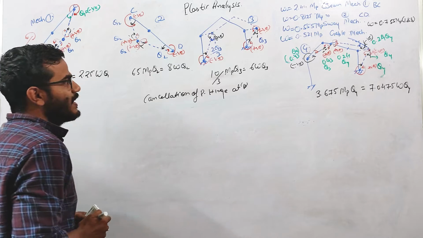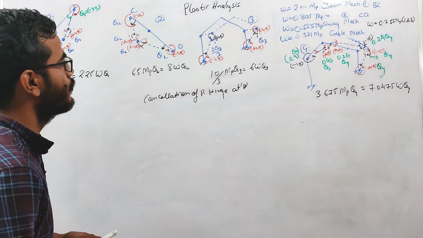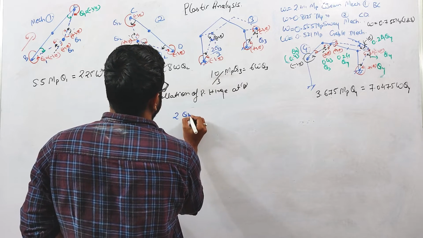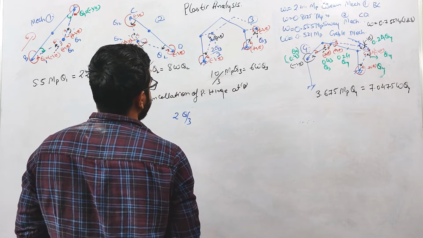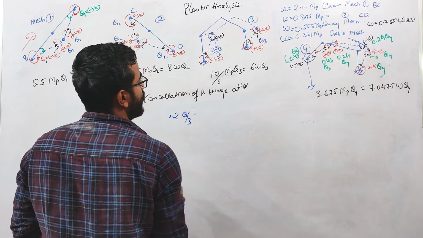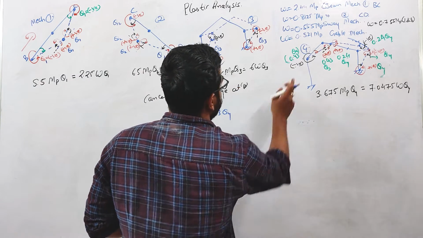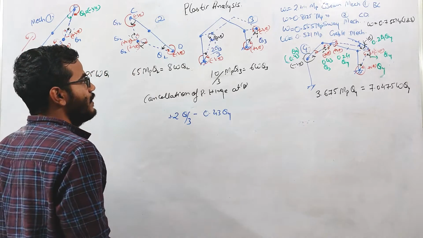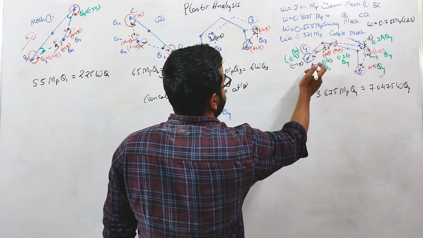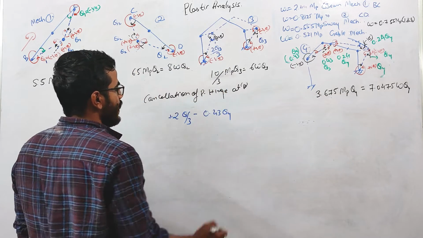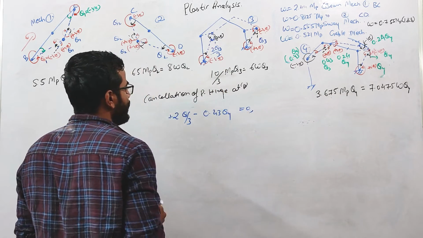At B there is no plastic hinge, so the net rotation will be 0. Here the rotation is 2 theta 3 by 3 with positive sign. Here the rotation is 0.43 theta 4. This we have already calculated in the last lecture. This member is not rotating, only rotation is in this member. So this rotation is 0.43 theta 4, and this should be equal to 0, right?